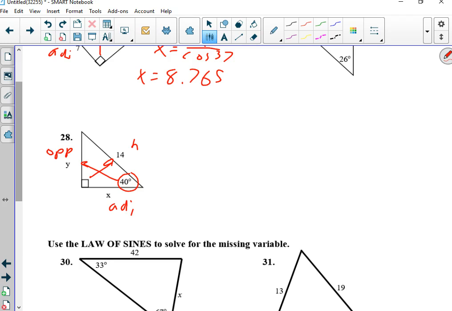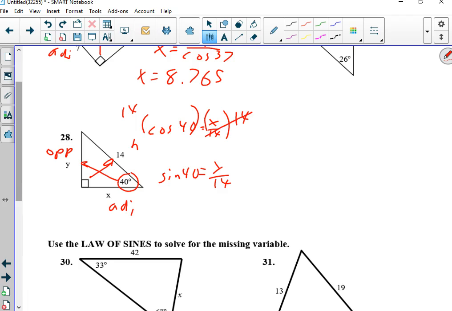X, which is adjacent. Adjacent hypotenuse is cosine. Cosine of 40 equals adjacent over hypotenuse. And I'm just going to set up the other one to see how similar it is. Sine, which is opposite over hypotenuse. Notice both times my x and my y are in the top. So I need to get rid of the 14 on both problems by multiplication.